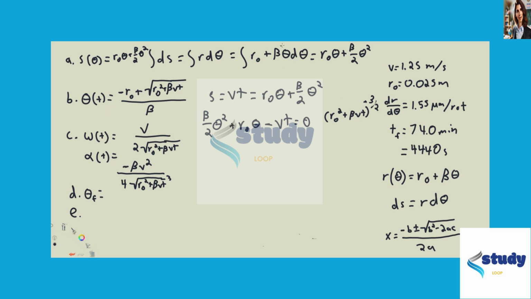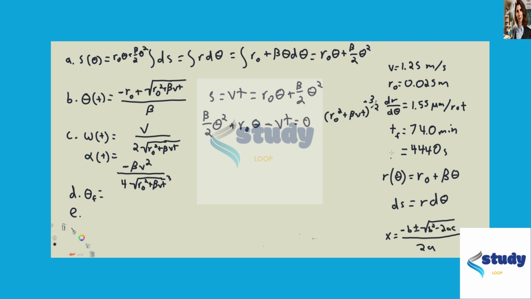And then beta is, of course, how much the distance increases per rotation. So that'll be equal to this dr d theta we get, or 1.55 micrometers per rotation. And I'm going to leave that in per rotation because we want to give this answer in number of rotations.